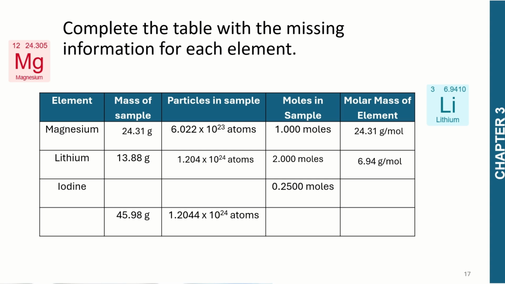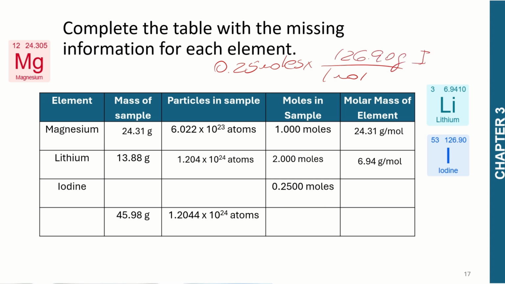Iodine, so I know that 1 mole of iodine is 126.90 grams. If I have 0.25 moles, I will multiply 0.25 by 126.9 grams of iodine per mole, and I'm going to have 31.73.